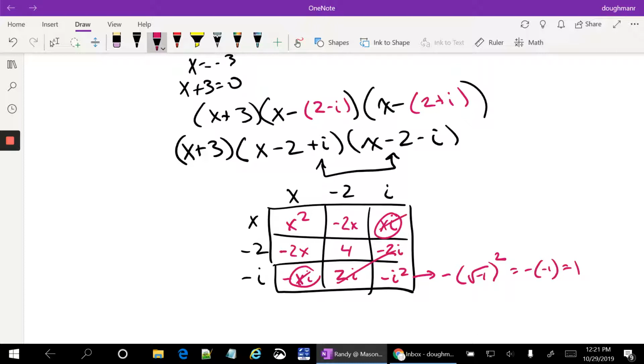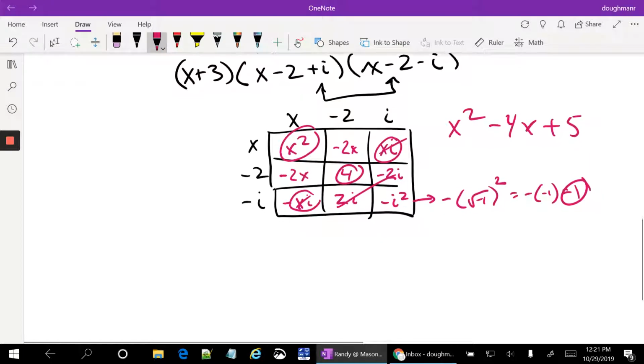So what that tells me is I've got an x squared, negative 2x and negative 2x is negative 4x, and then 4 plus 1 is 5. So moving on, I know that I have x plus 3 times x squared minus 4x plus 5.